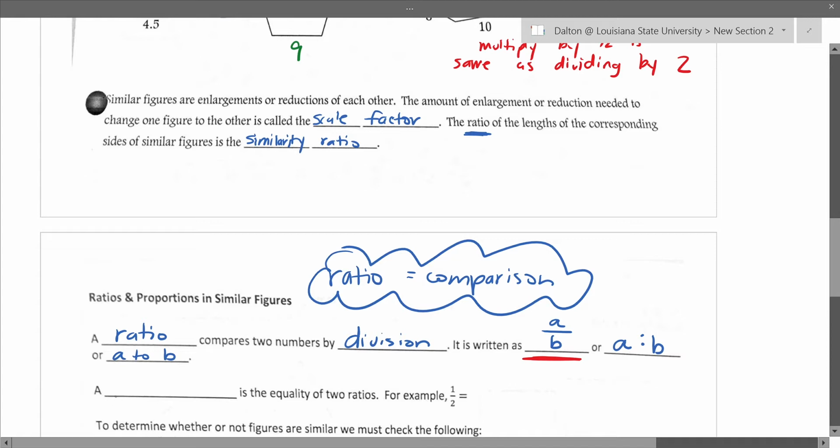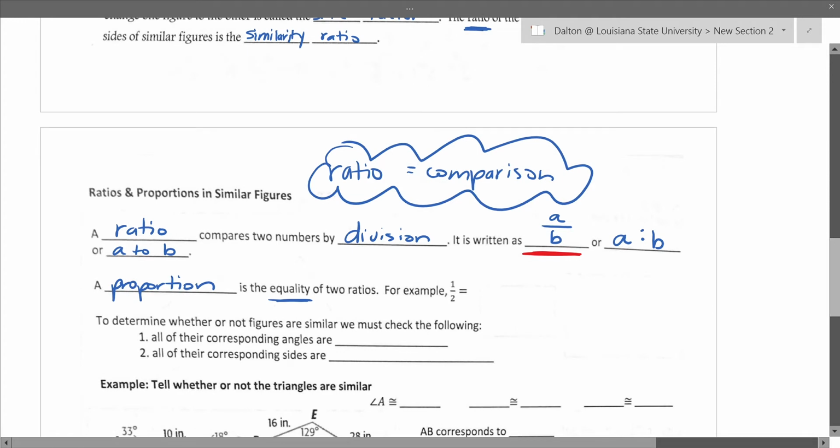Now, a proportion, we used this word on the last page when we said proportional. So a proportion is the equality of two ratios. In other words, I'm going to have two ratios set equal to each other. So can you give me another representation for the number 1/2?